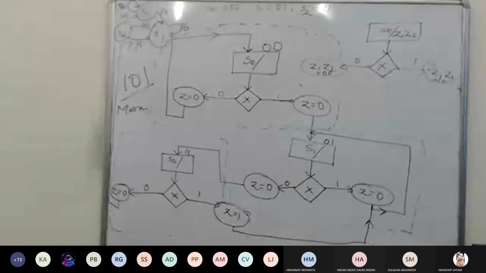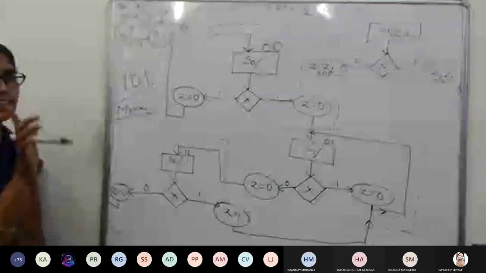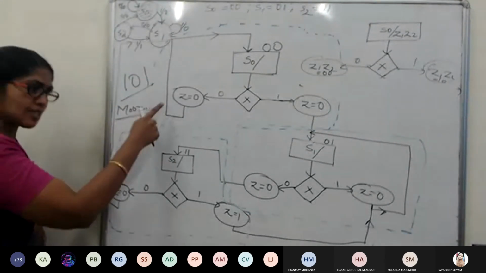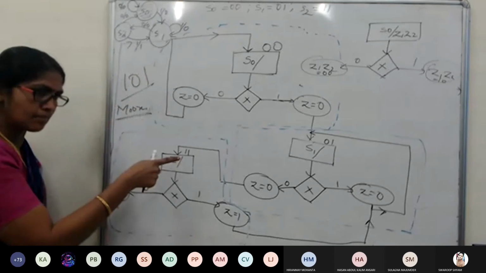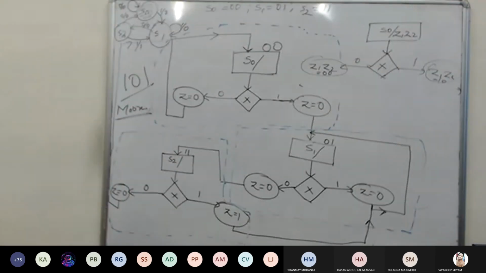Not with a random assignment. You go for a neighboring state assignment, the possible neighboring state assignment with Moore. 101 detection only. It's FSM, it's ASM, and the state assignment is up to you. Is that okay? Please take down.